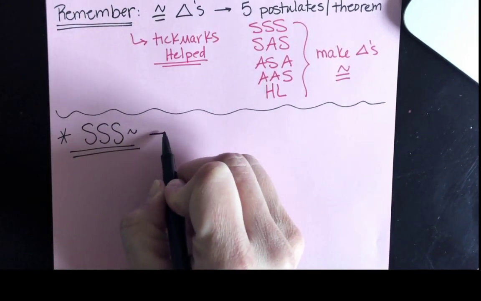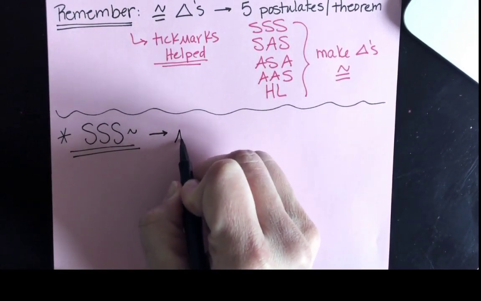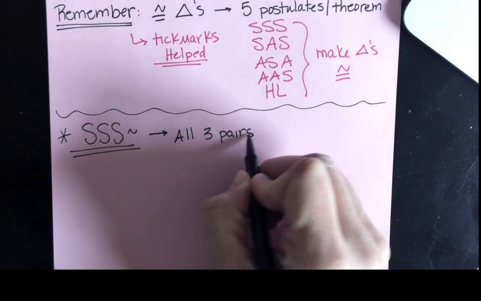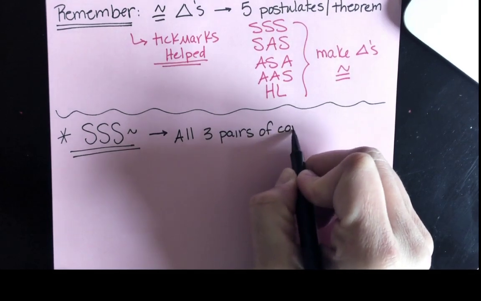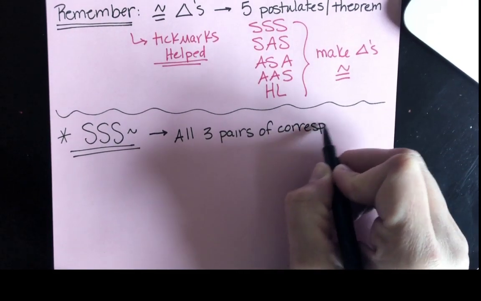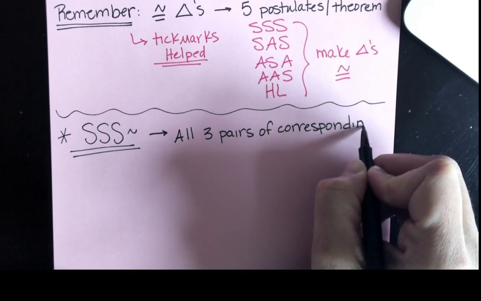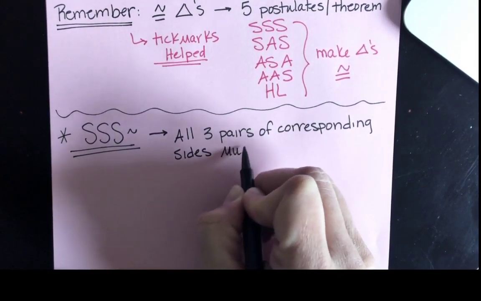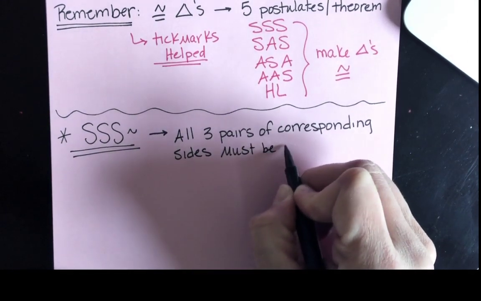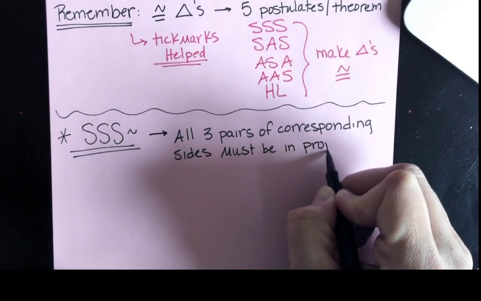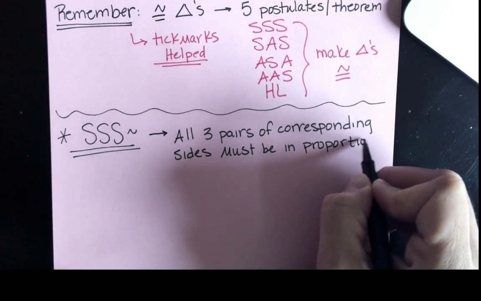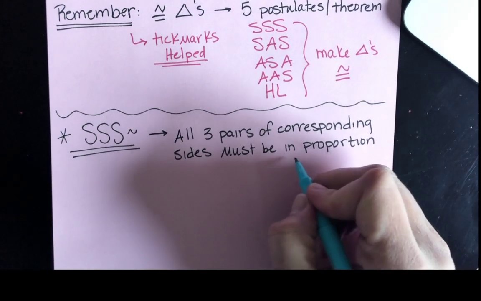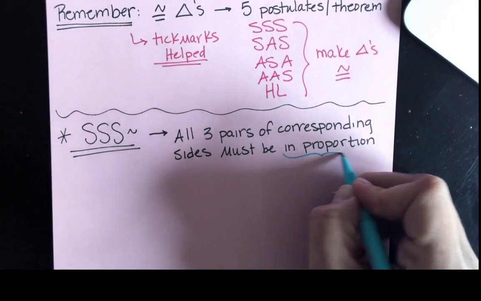The rule says all three pairs of corresponding sides have to be in proportion. And remember, in proportion means that they all reduce to the same fraction. So they all reduce to the same ratio.